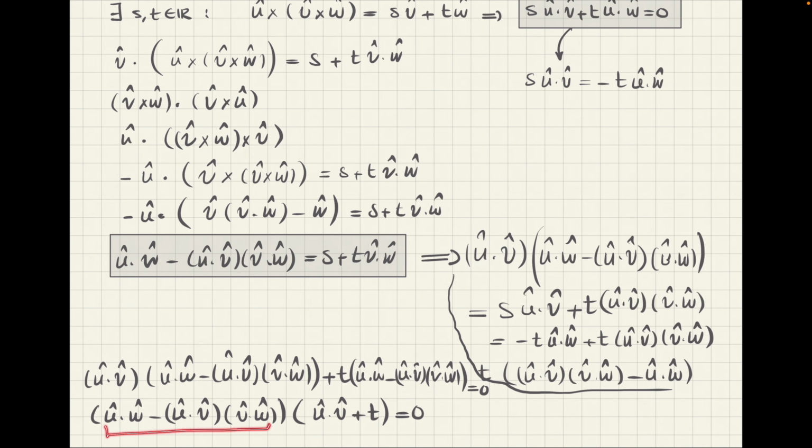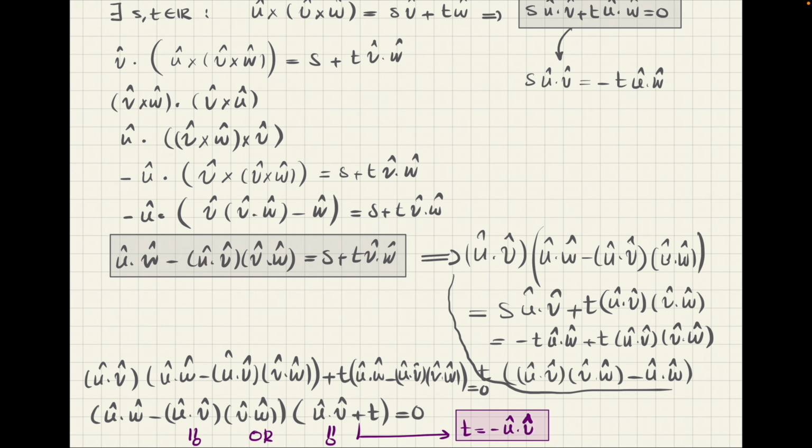Either the first one is 0 or the second one is 0. Let us concentrate for the time being on the second one. Either this one is 0 or this one is 0. If this one is 0, this will give me that T is equal to minus U dot V.